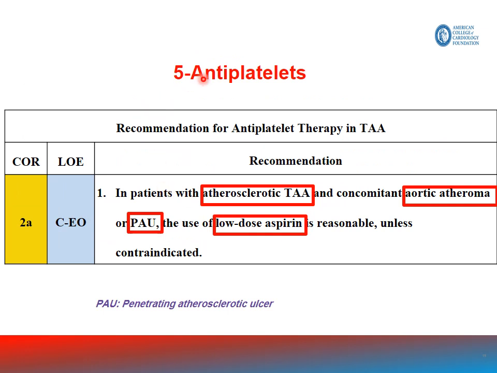What is the role of antiplatelets? In patients with atherosclerotic thoracic aortic aneurysm and concomitant aortic atheroma or penetrating atherosclerotic ulcer, use of low-dose aspirin is reasonable unless contraindicated.